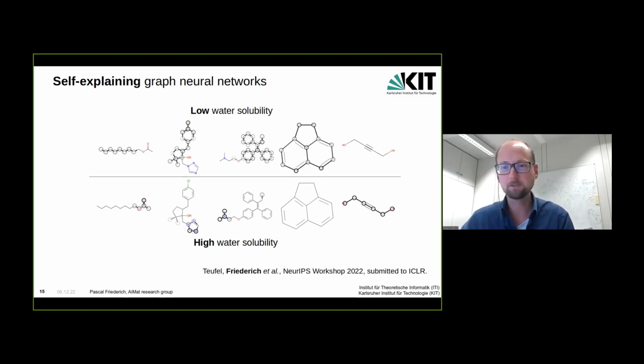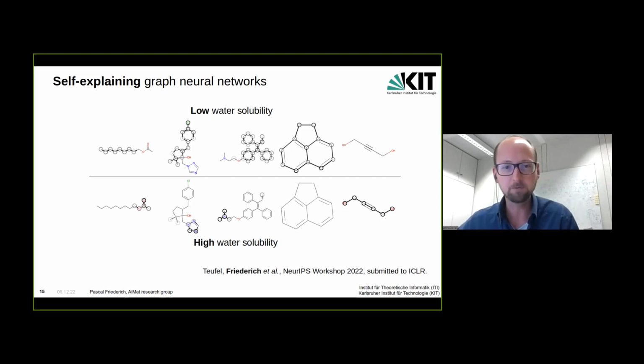And this is also very different than the post hoc explanation models that are typically only generating importance maps. So they only say this subpart of the molecule is important for the prediction of water solubility, and then it's on us in the end to figure out what is actually meant with important and what leads to what correlation.